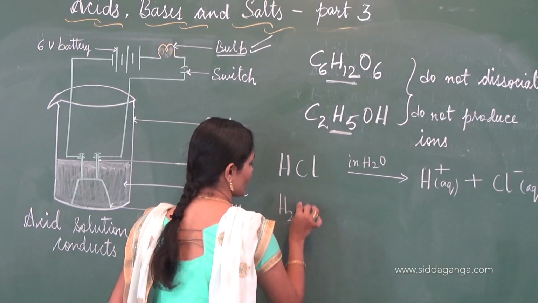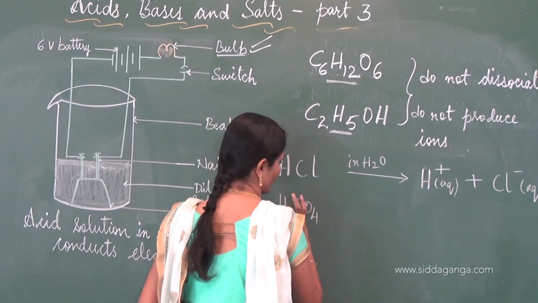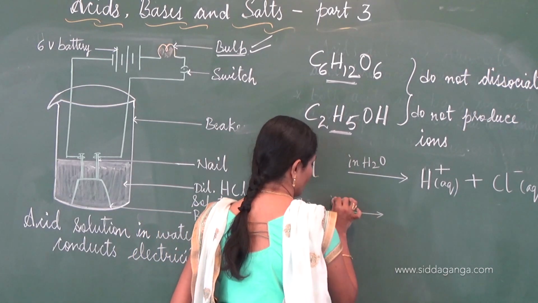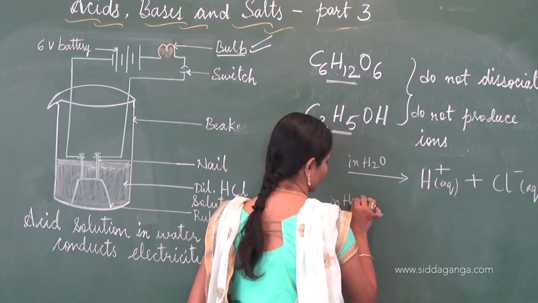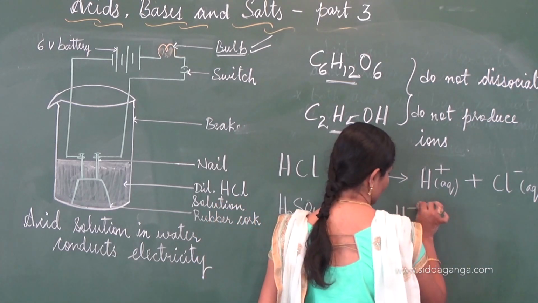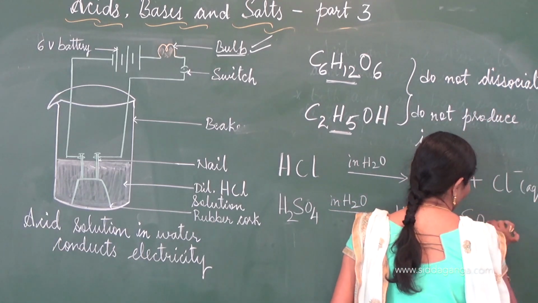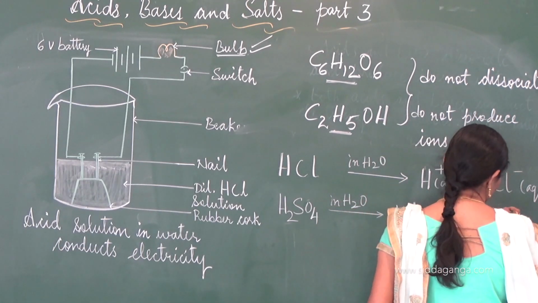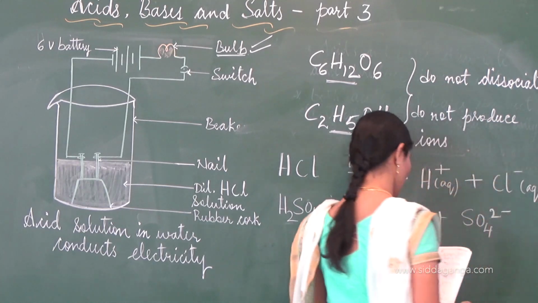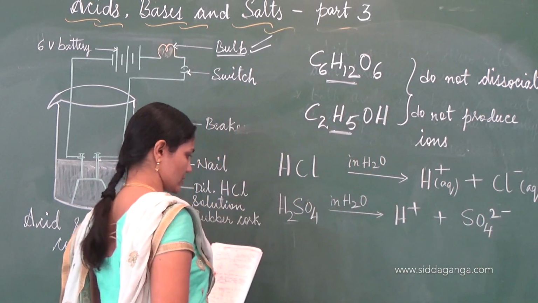Similarly, H2SO4 also underwent dissociation to produce H plus ions and SO4 2 minus ions, H plus cation and SO4 2 minus anion.